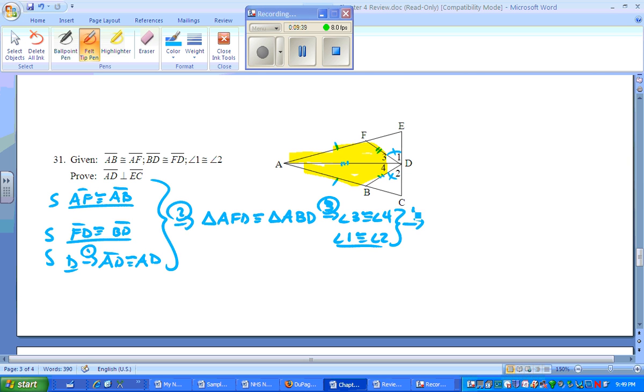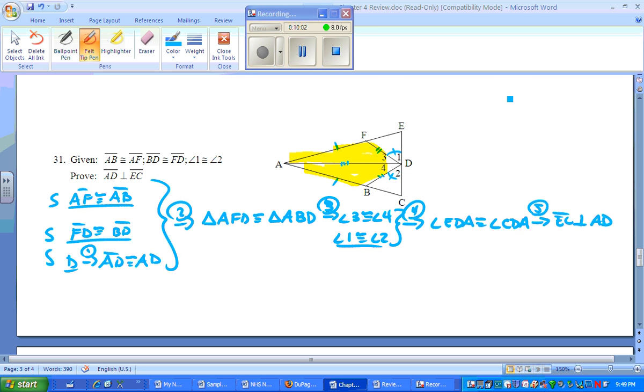We can add them to make them bigger. We could get angle EDA congruent to angle CDA, which if those two are both, we know that EC is perpendicular to AD.